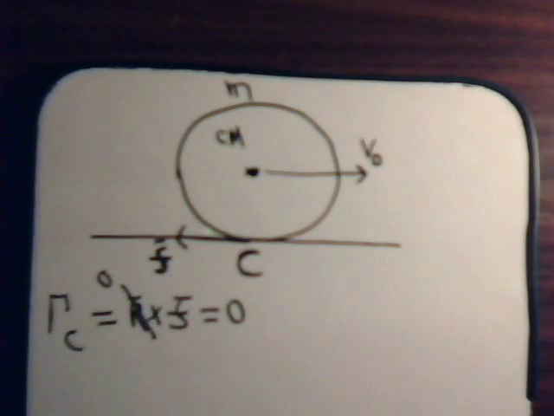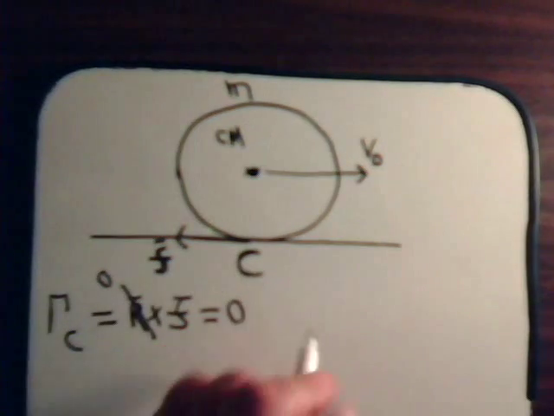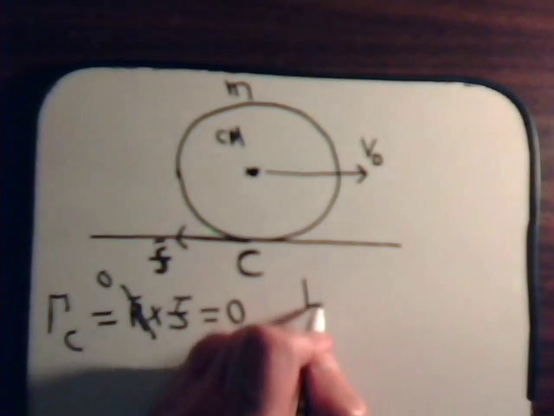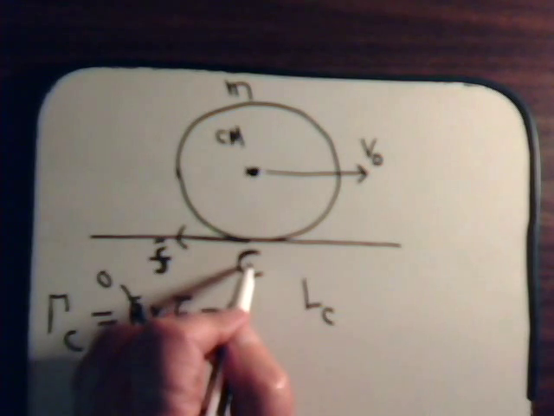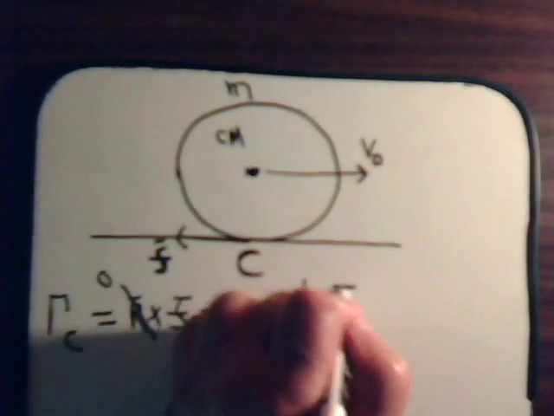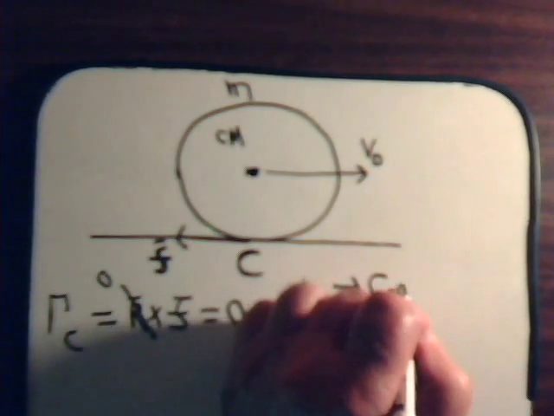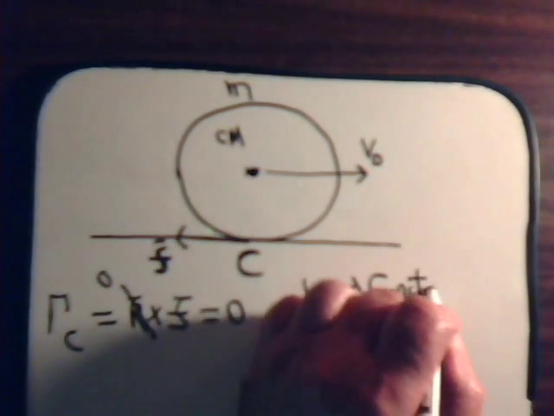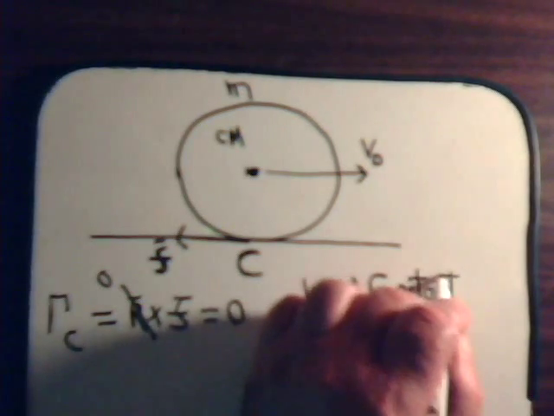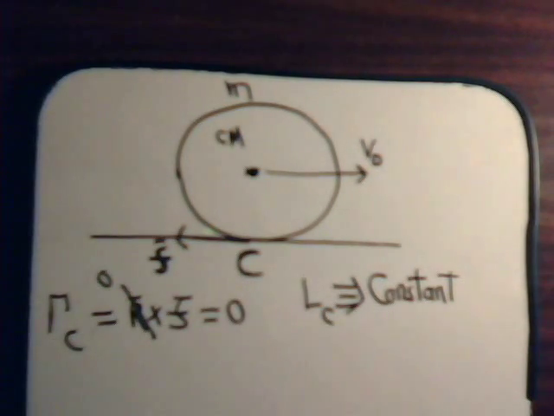So this is 0. But that tells us once again that here, the angular momentum at this contact point C is constant. Now, we're considering the angular momentum immediately after it's struck by the cue stick when it has this linear velocity v0.